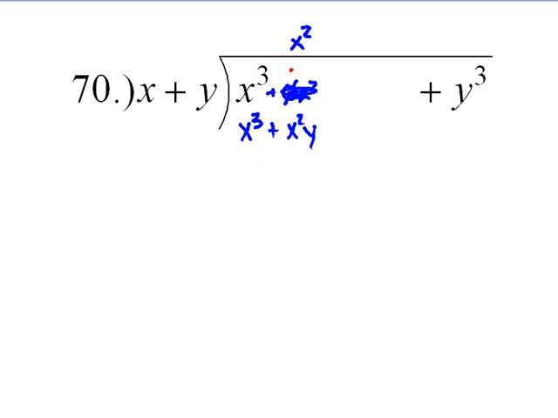So the one we needed in line here was 0 x squared y. We'll get to that x cubed. Okay, we subtract the second line, and I've kind of made a little mess here. But we've got minus x squared y plus 0 x squared y gives us a minus x squared y.